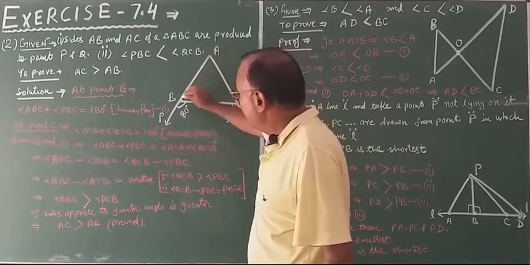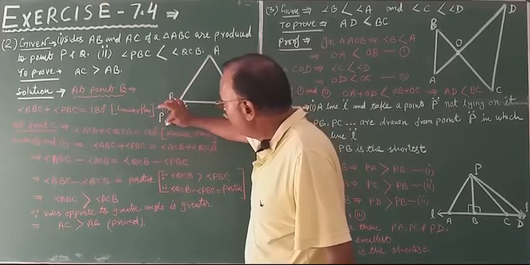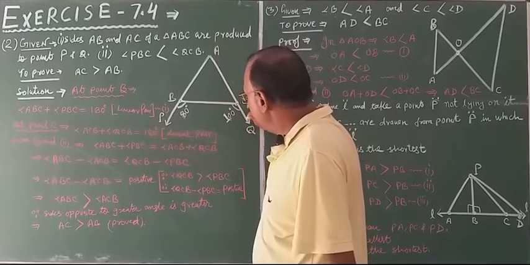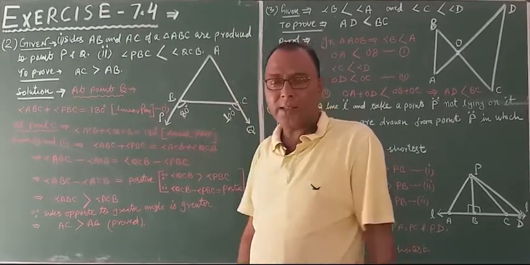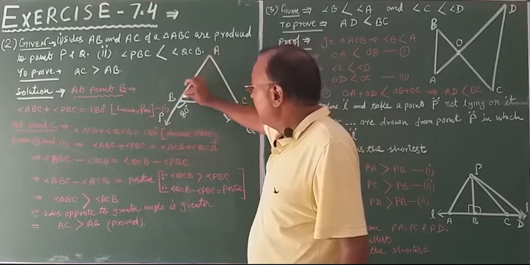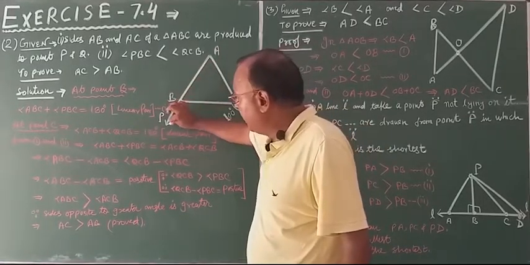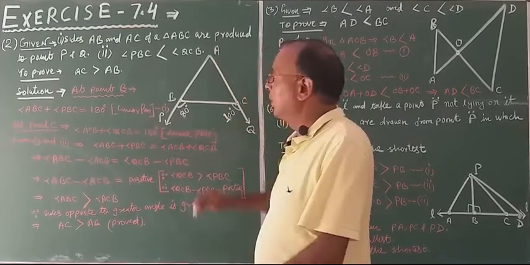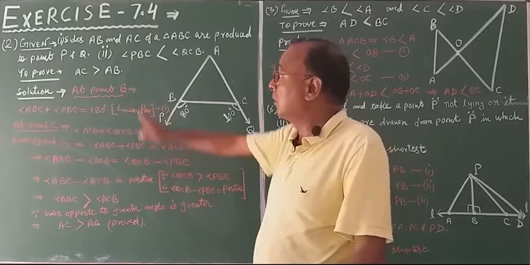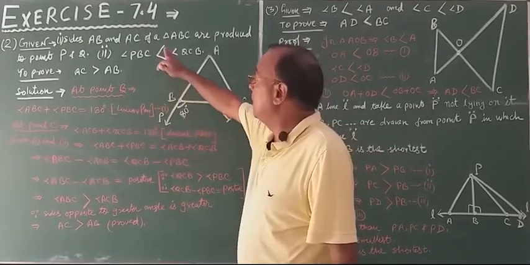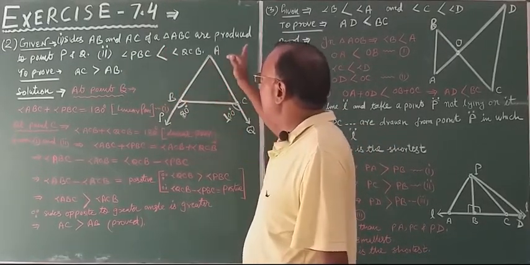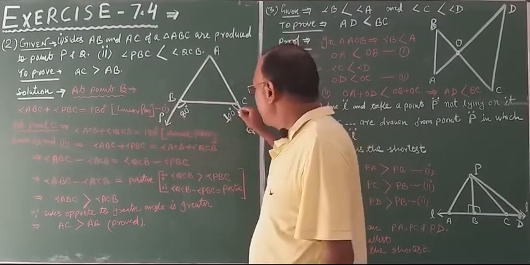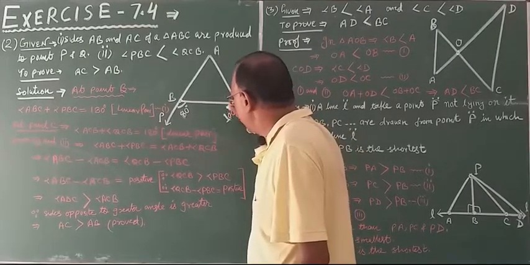Its side AB is extended to point P and side AC is extended to point Q. This was the first thing given. The sides AB and AC of triangle ABC are produced to points P and Q respectively.